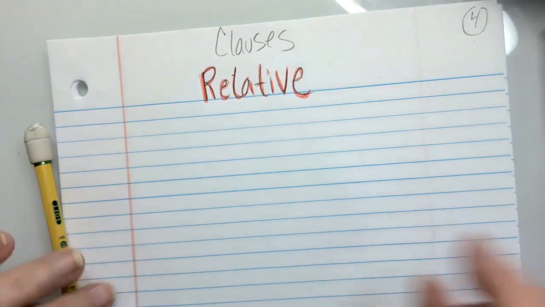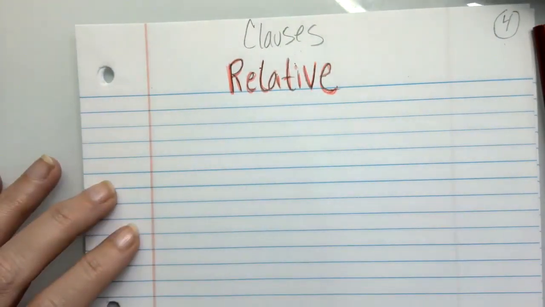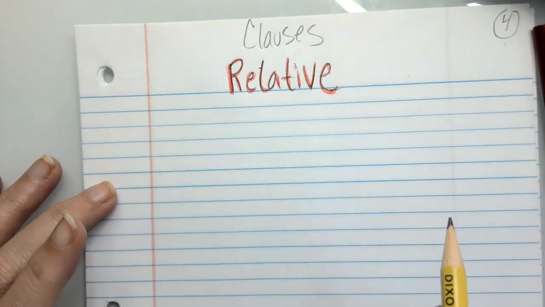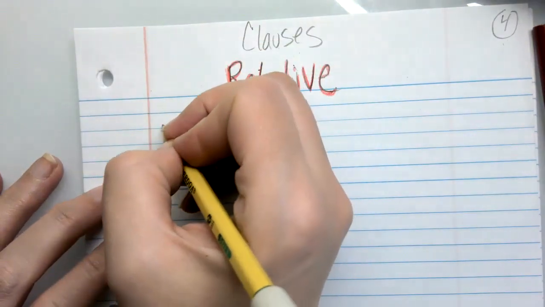Okay. All right. So we've got several things we need to identify here. First of all, a relative clause is a type of dependent clause. So we're going to write that first right here.